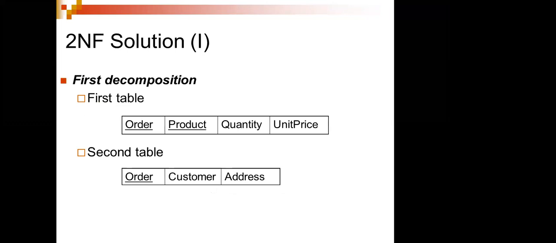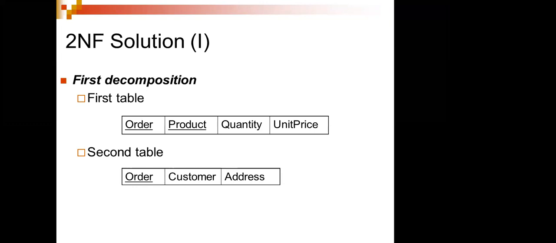In the second normal form, I split the table into two parts. In the first table I take order, product, quantity, unit price. That is how much quantity you want, and the leftover quantity available in the storeroom. Then I have the price for each product, or the price all together. The second table has the order, to whom you are ordering, and his address.